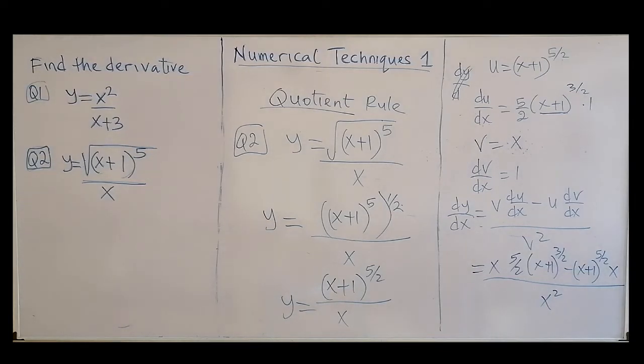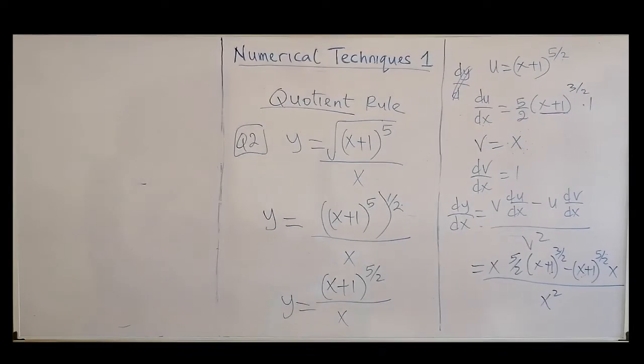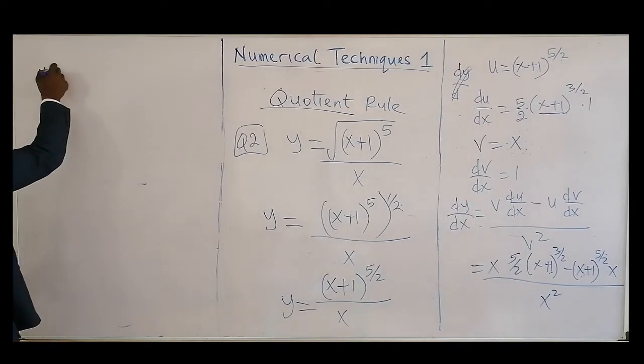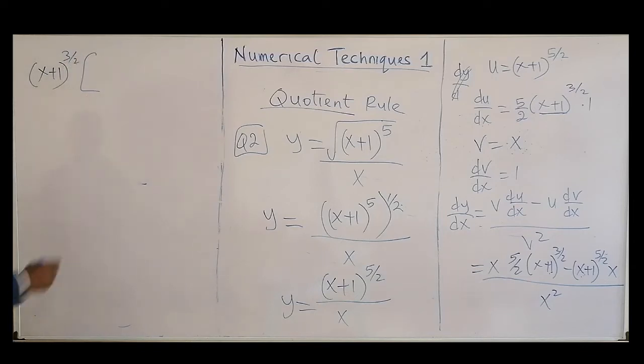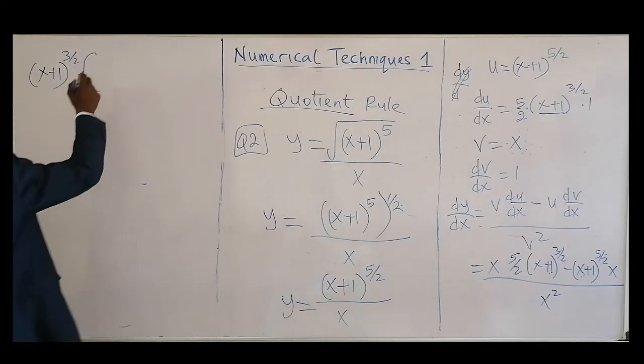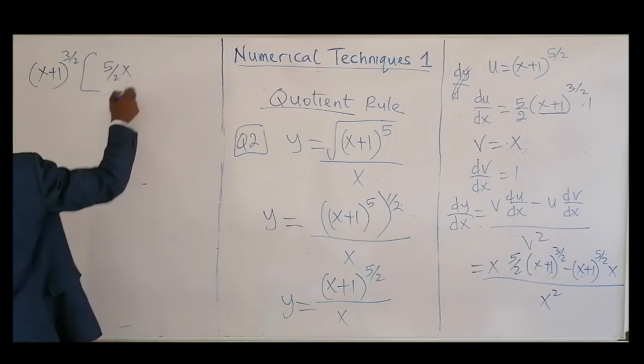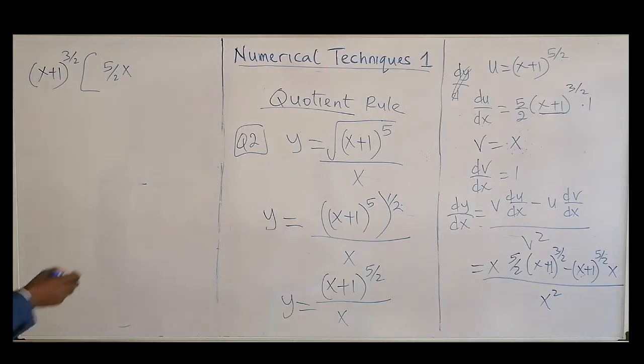So that's what we've gotten now. If you check this one and this one, they have something in common. 5 over 2 is more than 3 over 2, so we can take x plus 1 to the power 3 over 2 outside. Then you have 5 over 2 x minus what?